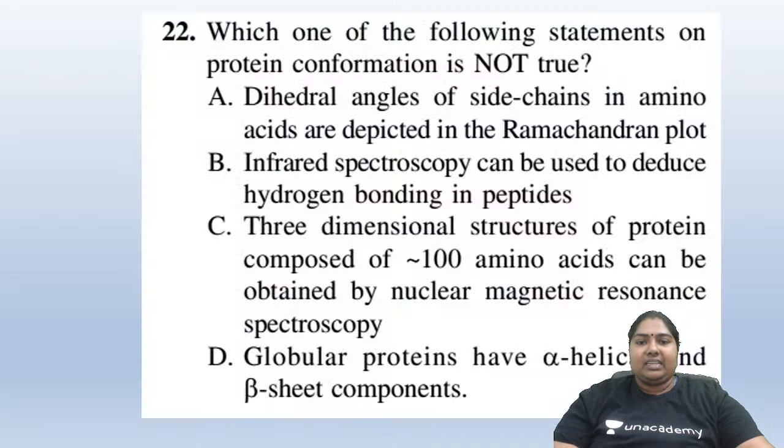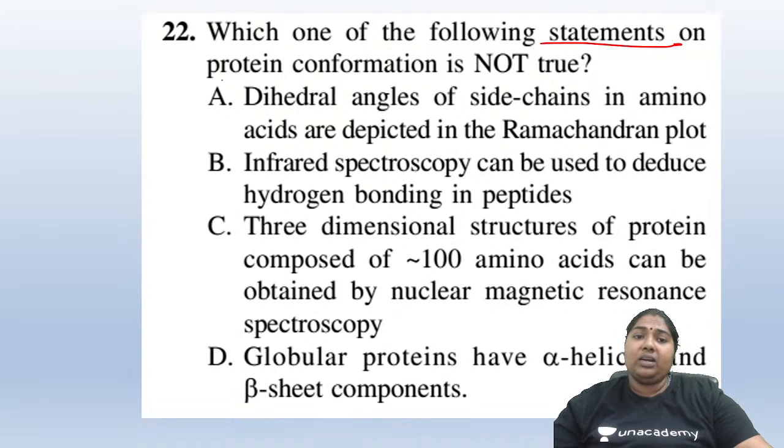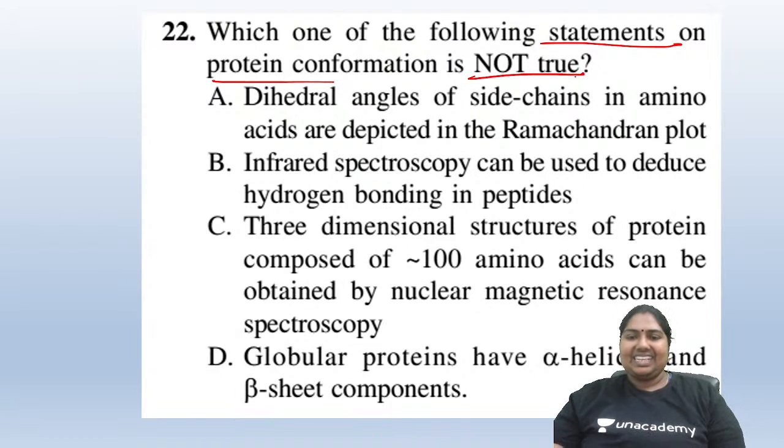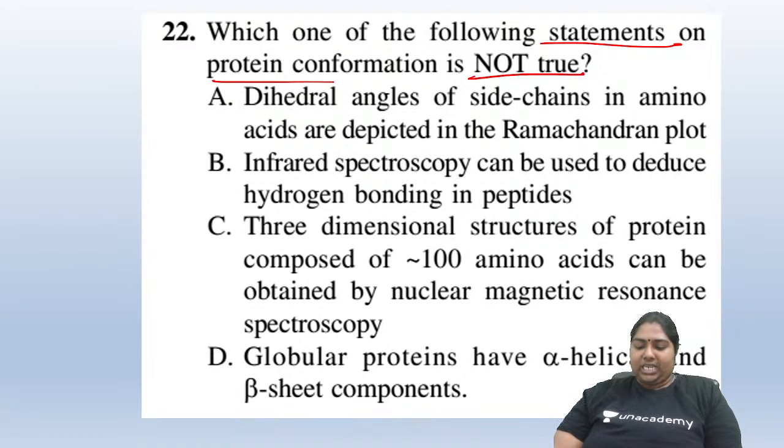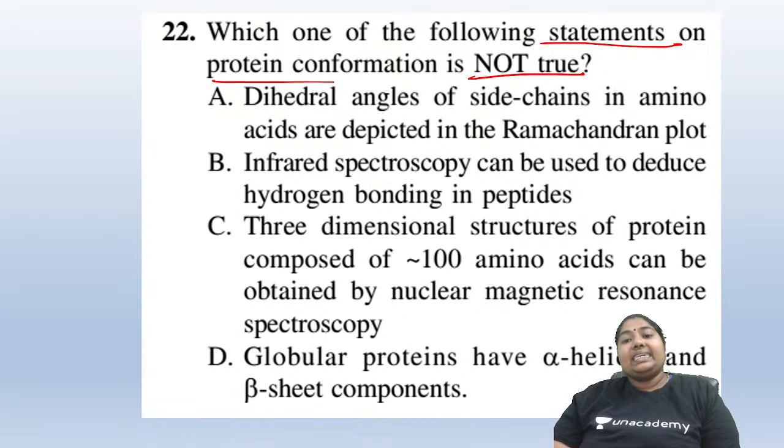Alright, fine. So now, which one of the following statements on protein conformation is not true? Shall we take this question up? Everybody in the class? Okay, come on. Dihedral angles of side chains in amino acid are depicted in the Ramachandran plot. True or false? Think.